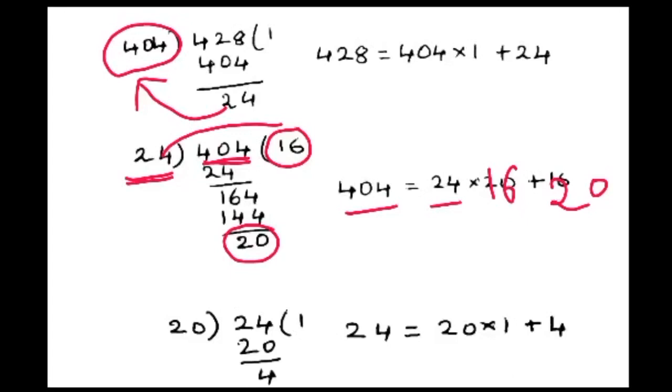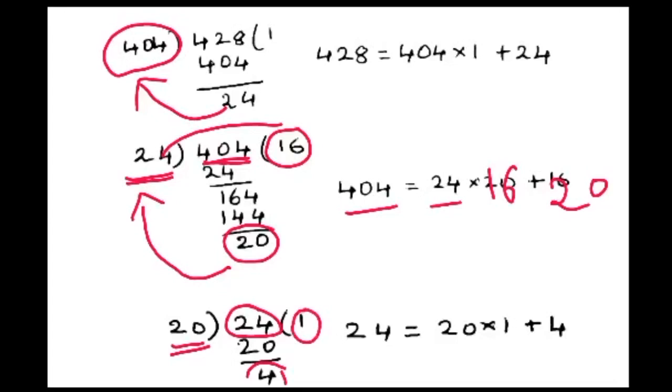Now the remainder divides the divisor. Remainder 20 divides the divisor 24. 20 becomes the divisor, 24 becomes the dividend. When 24 is divided by 20, we get remainder 4 and quotient 1.